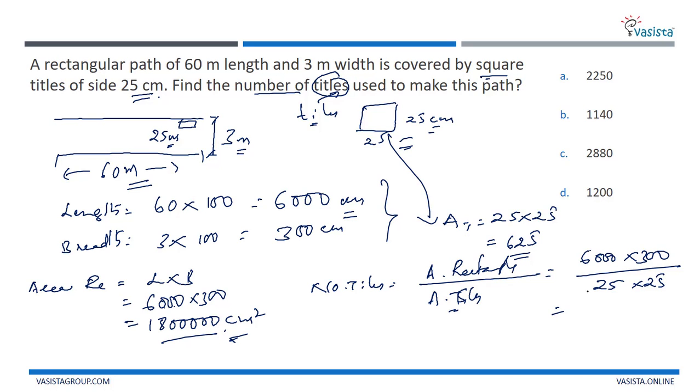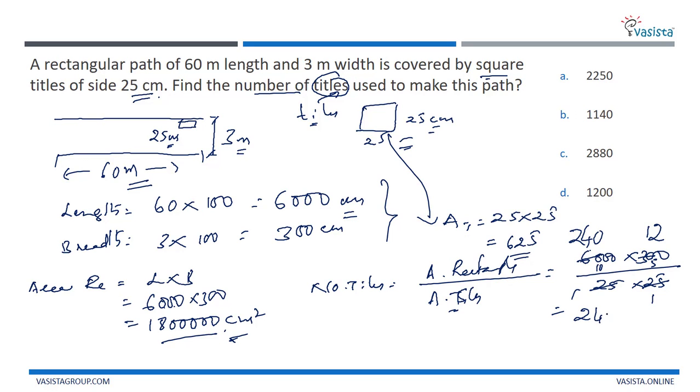Now simplify it, you will get the answer, right? 25 ones are 25, 5 remainder, 25 twos are 50. This will become 12. Now I can divide this. 25 ones are 25, 25 twos are 50, 10 remainder, right? 25 fours are, this will become 240.